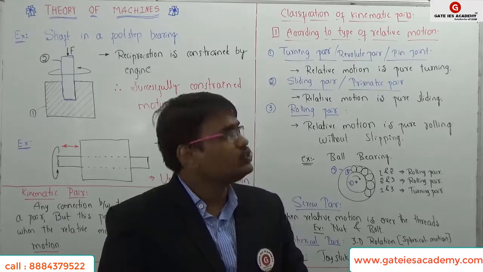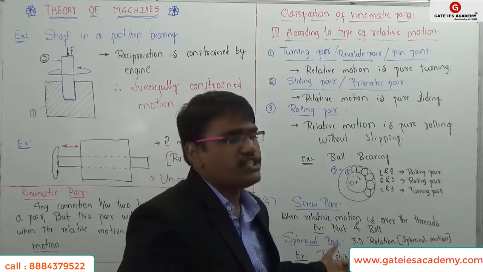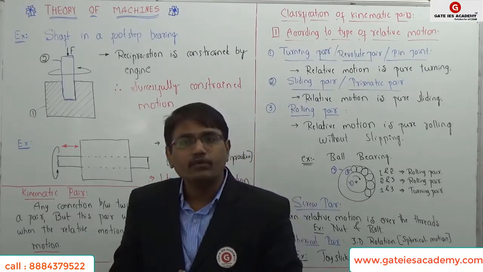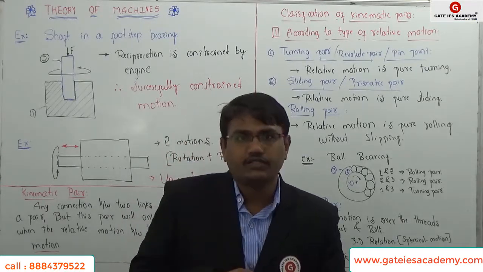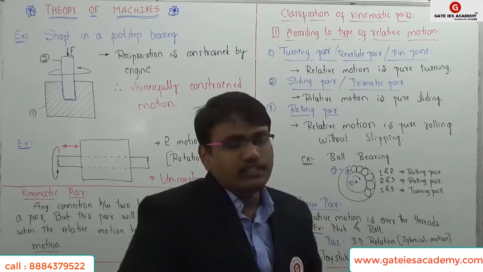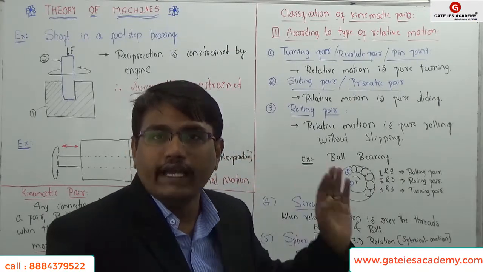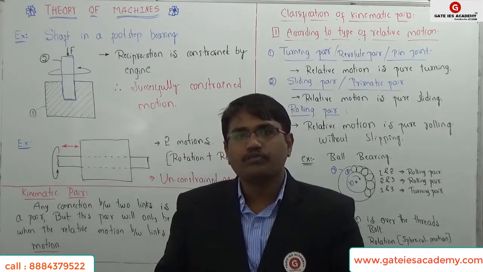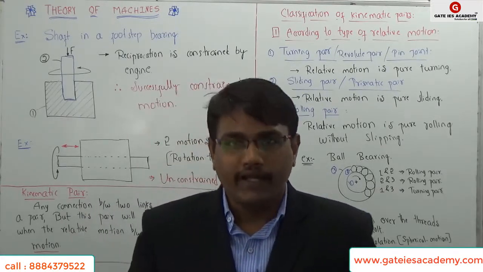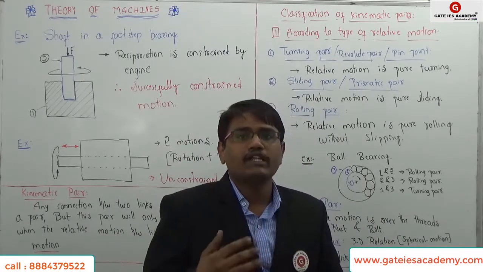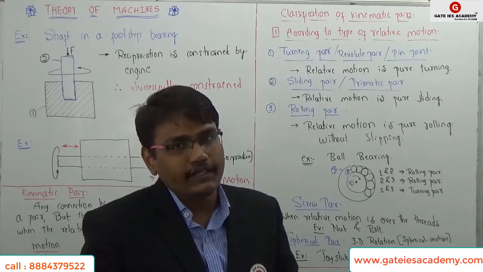So this is the classification of various kinematic pairs based on what? Based on the relative motion between two links. Right? Now, further we will be seeing the classification of kinematic pairs based on other factors also, like how they are in contact, line contact, point contact, surface contact, and so on. Right? So let us see them.